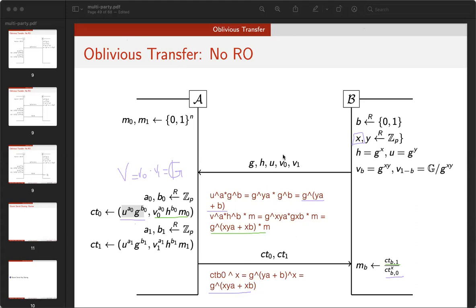I'm curious how well we understand this. So G, David, is the prime order group that all this math is being done under. A group just literally is a group of numbers that certain operations are defined over. And basically, we use the fact that discrete log is really hard to ensure that Bob is only decrypting one of the messages. Does that answer your question, David? Cool.